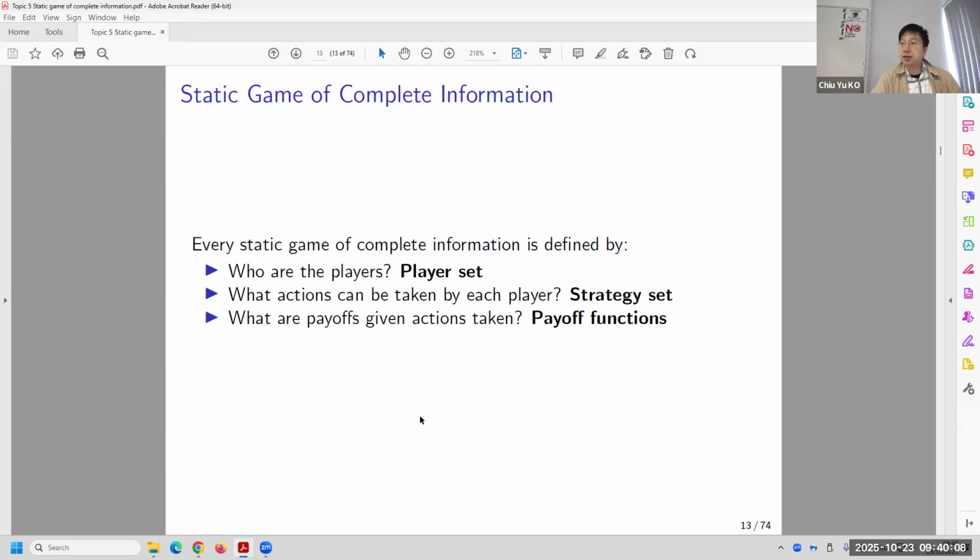Otherwise, you can't define equilibrium precisely. Even in your paper, you don't have to define things formally, but it should be evident when you write down the game who the players are, what each player can do, and what the outcomes are for all possible combinations of actions taken.